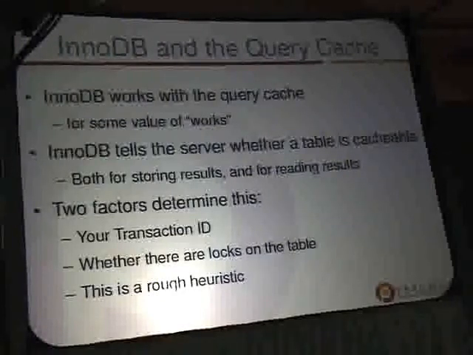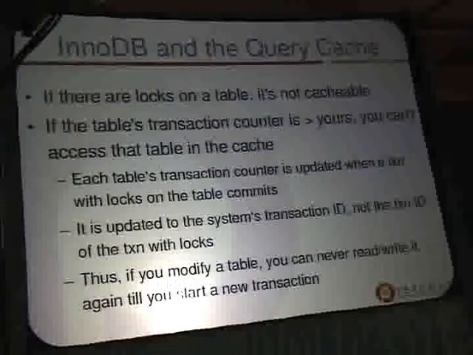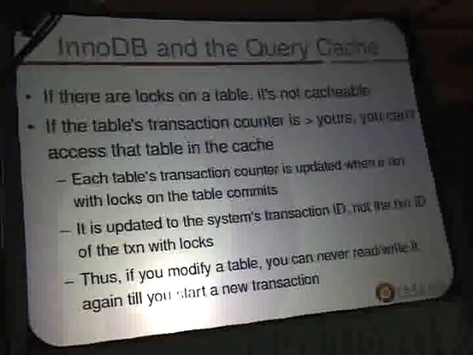If the result is no, then you can't be guaranteed that it's true, but you might also get some false no answers from InnoDB. If there are locks on a table, it's not cacheable. The code that says yes or no is pretty clear on this: if there are any locks on the table, return no.